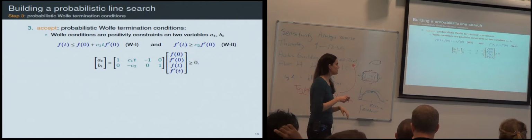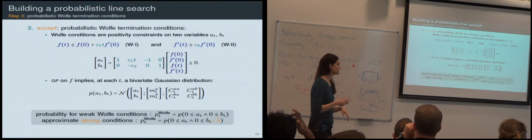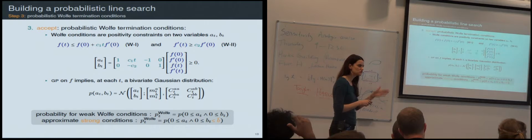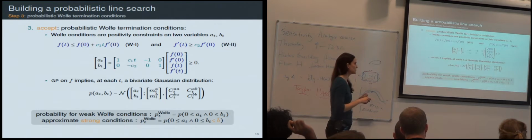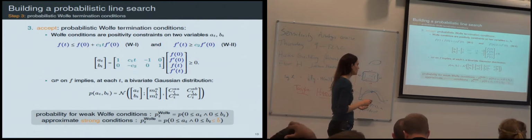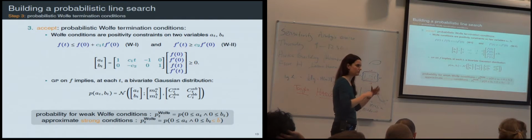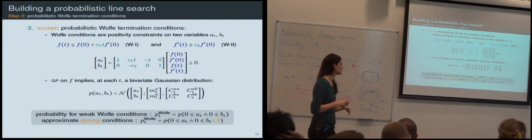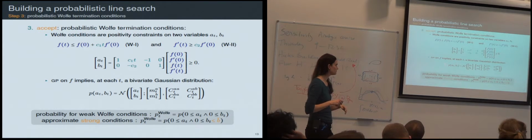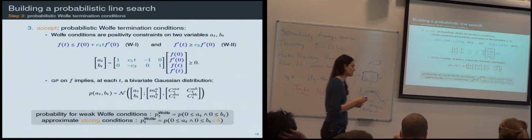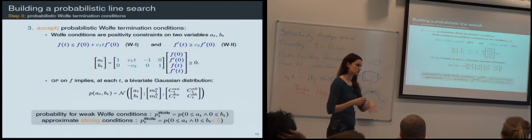Because this is a linear map, the GP implies a bivariate Gaussian distribution at every step size over a and b. And for the Wolfe conditions to be fulfilled, we want a and b to be positive. So now the probability that the Wolfe conditions are fulfilled is the integral of the distribution over the positive quadrant. And we're going to accept a point now if it's just above a threshold.